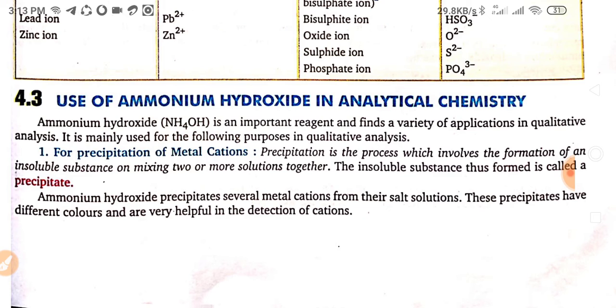The insoluble substance thus formed is called a precipitate. Ammonium hydroxide precipitates several metal cations from their salt solution. These precipitates have different colors and are very helpful in the detection of cations. So by forming precipitates of metal ions with the help of ammonium hydroxide, we can detect the cations.